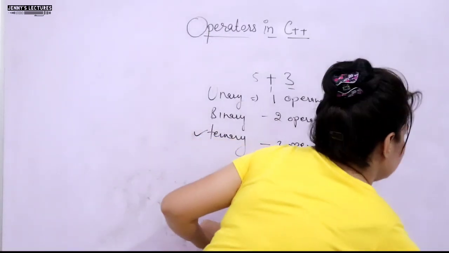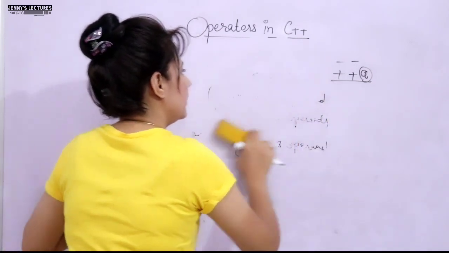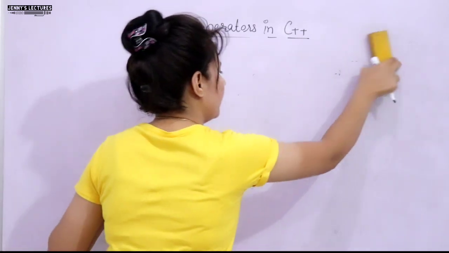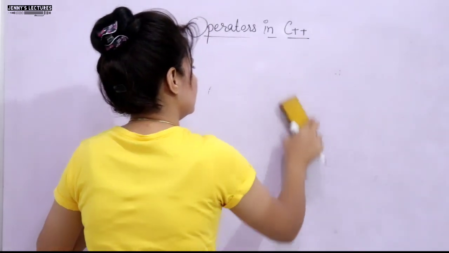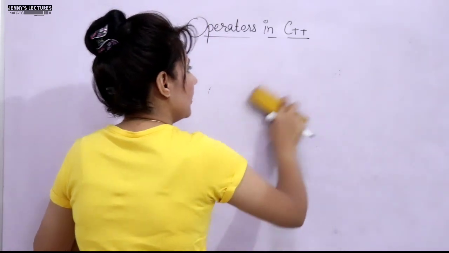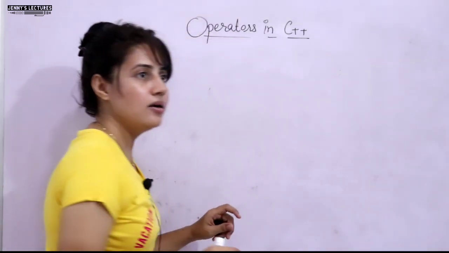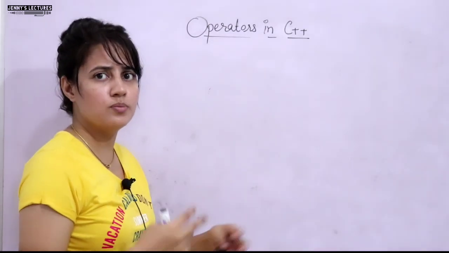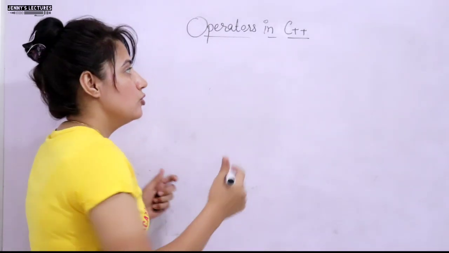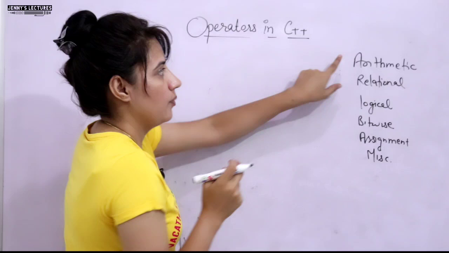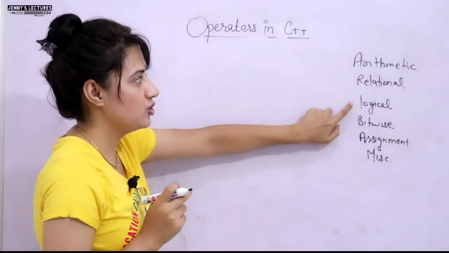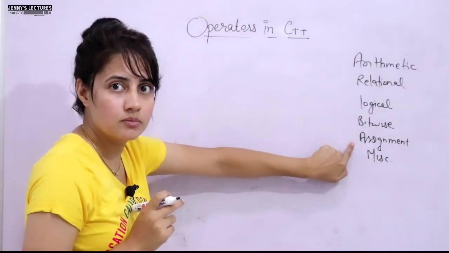Now, let me show you the types of operators. Basically, 5 types of operators are there in C++: arithmetic, relational, logical, bitwise and assignment.